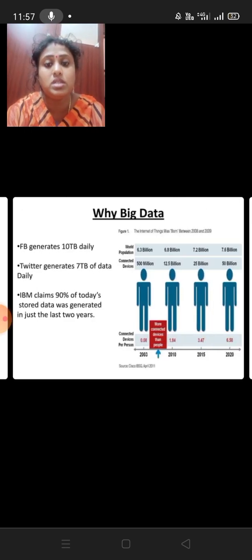Facebook generates 10 terabytes daily, and Twitter generates 7 terabytes of data daily, and IBM claims 90% of today's stored data was generated just in the last 2 years. That is the answer to why big data.